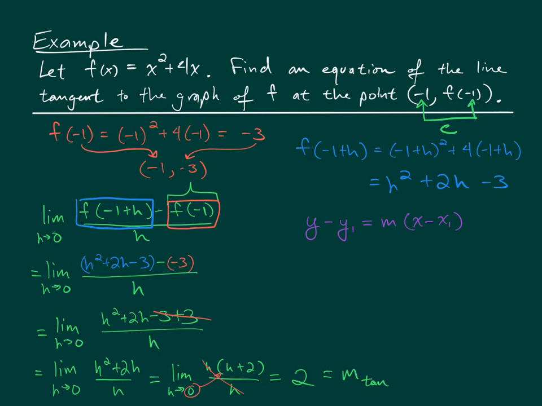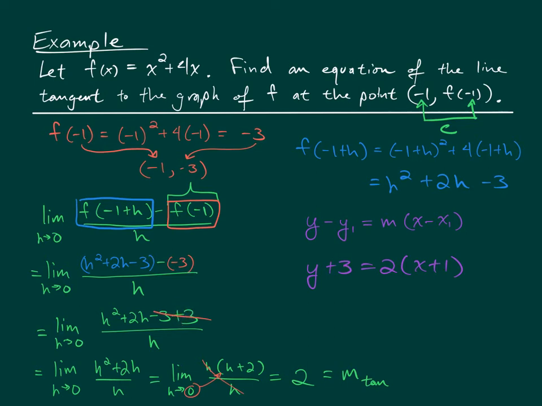So when I substitute these numbers in here, I will get a line that ends up being y plus 3 equals 2 times x plus 1. And that's because these coordinates are negative, and when you substitute them in here accordingly, subtracting a negative, as we saw over here, ends up being addition.